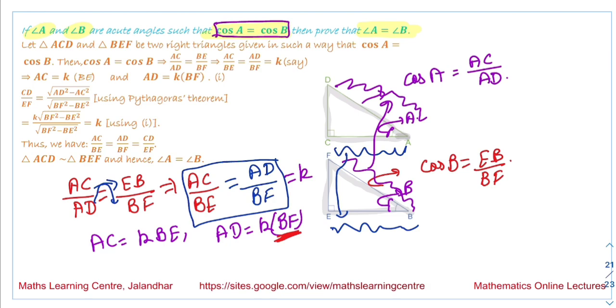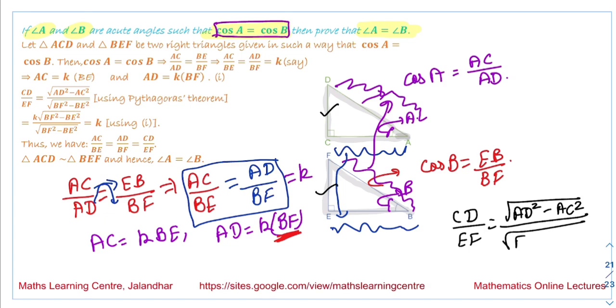Now we have to calculate the value of CD over EF. Now what is this value of CD? It is square root of AD square minus AC square over, what is this value of EF? It is FB square minus BE square.